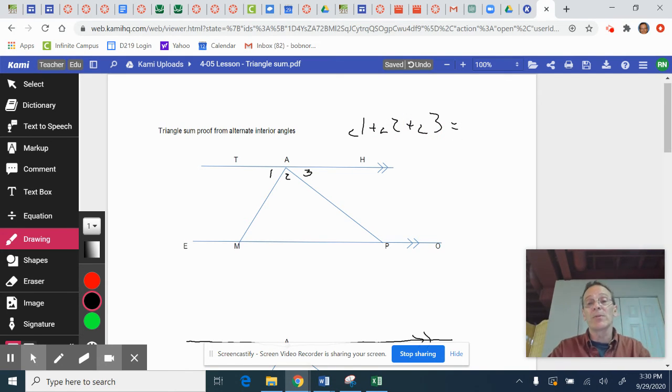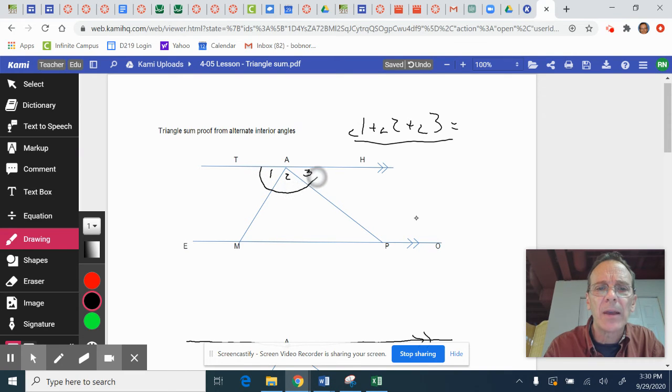Somebody ought to be able to tell me what those three angles there add up to. They are not the three angles of a triangle, right? I mean, angles 1 and 3 are outside of the triangle. And yet still, somebody ought to be able to tell me what these three angles add up to. Because look, here's angle 1, angle 2, angle 3.